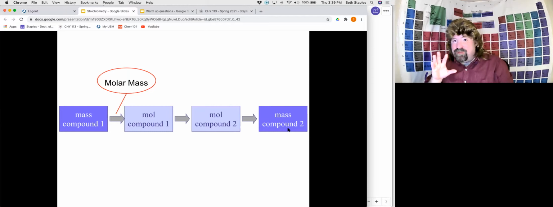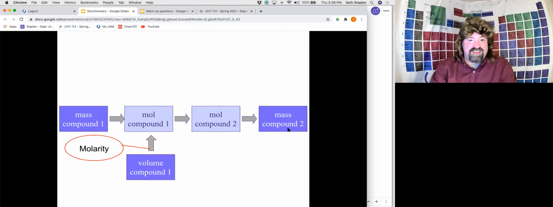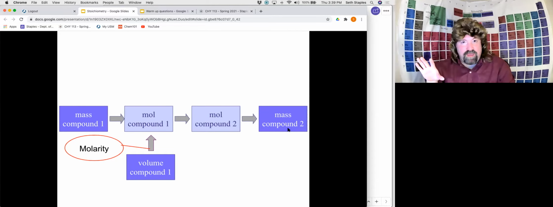You've maybe done some calculations like this with your practice problems. But all it really does for us is give us another avenue to get to moles. Now if we have the volume of an aqueous solution, we simply use the molarity to get to the number of moles. And so it just fits into this pathway.